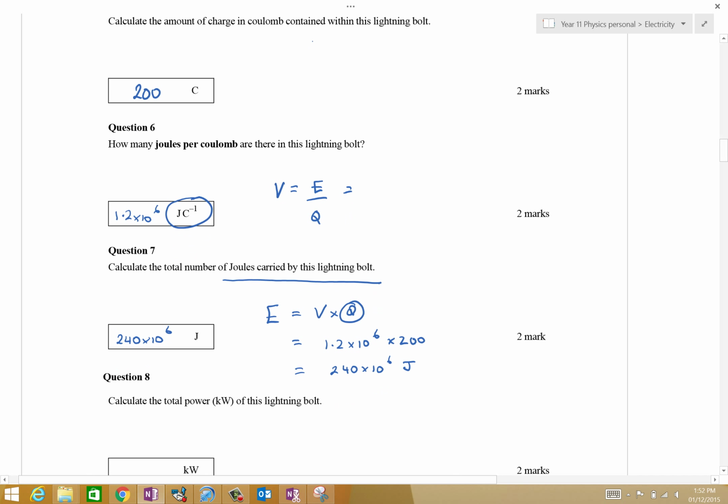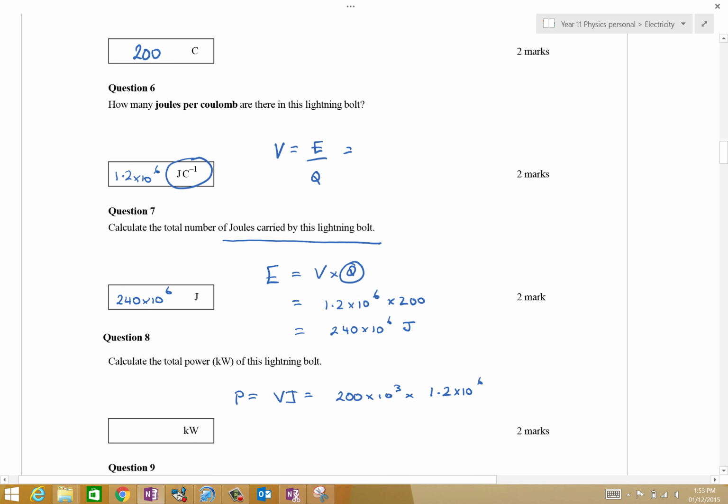And of course the power in kilowatts. Well, power equals VI, which we have a current of 200 kiloamps times a voltage of 1.2 megavolts. Now what's that? That's going to be 240 by 10 to the 9 watts, which is what?